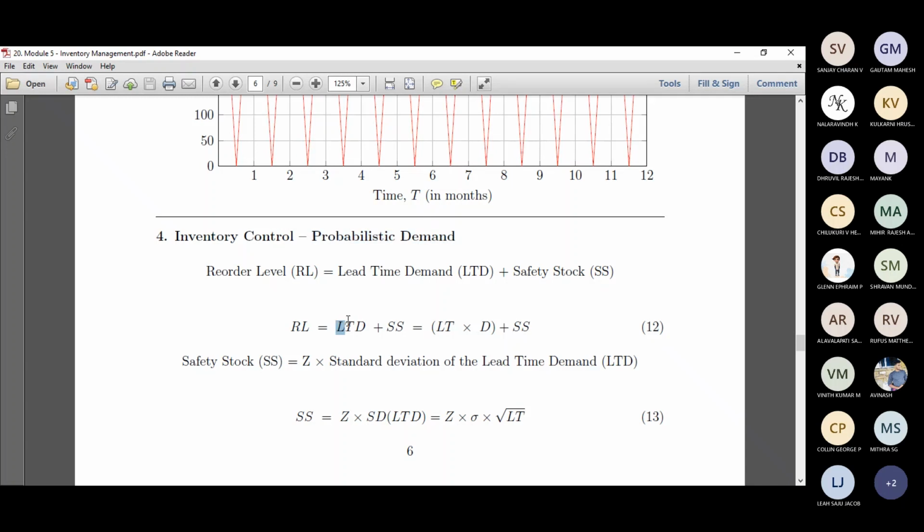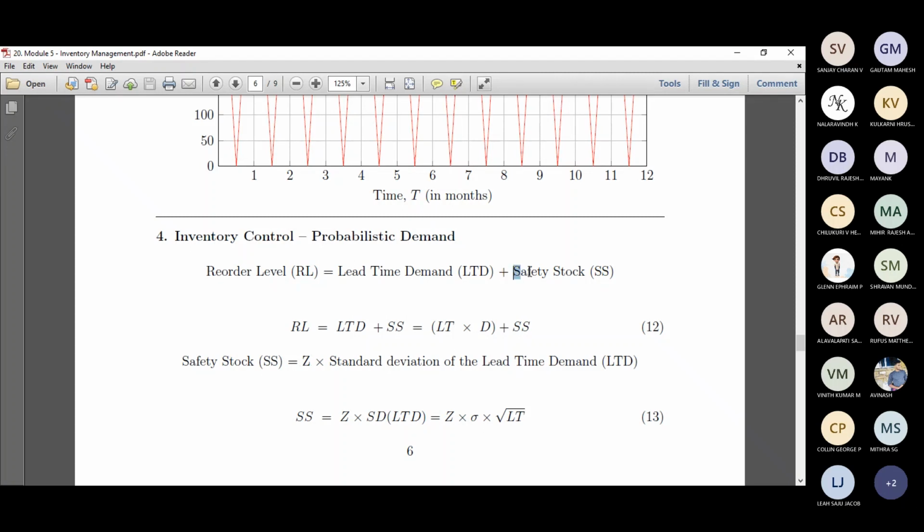Do not look into the probabilistic demand or safety stock. So lead time demand plus the safety stock is the reorder level. So lead time multiplied by the demand is the lead time demand, plus the safety stock. In this case, for the safety stock, we'll be looking into the concepts of probability, especially the normal distribution, the Z table, the normal distribution table.